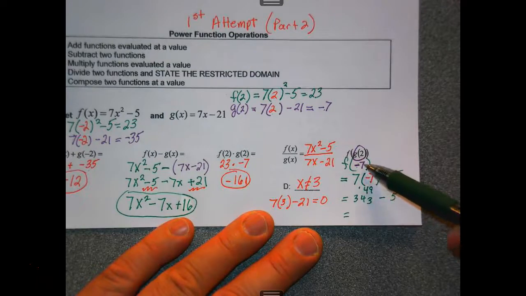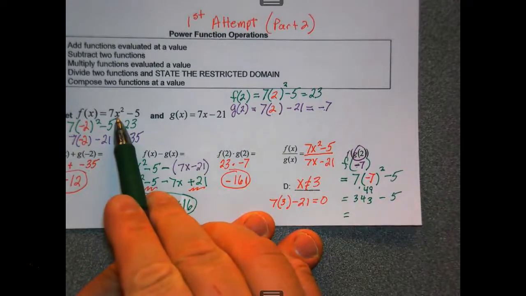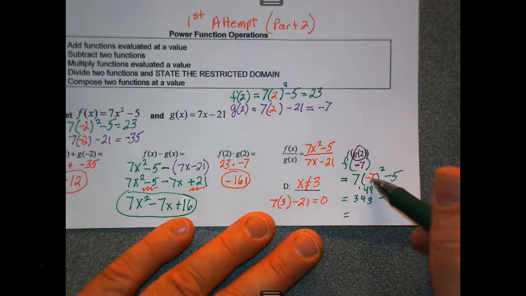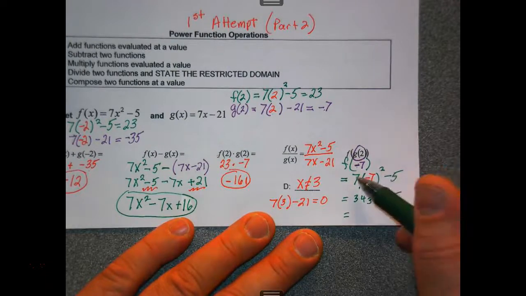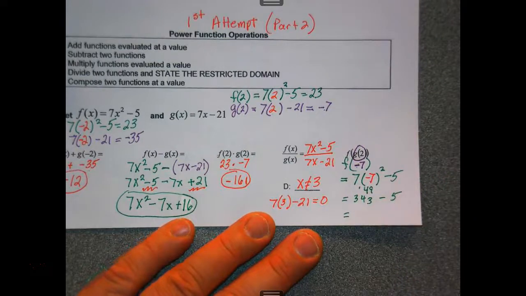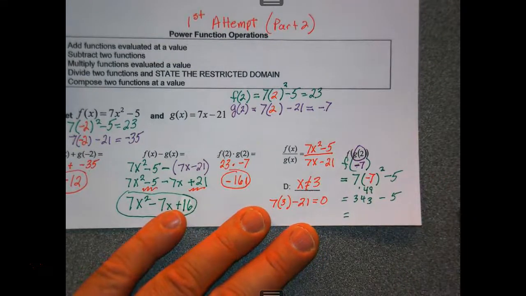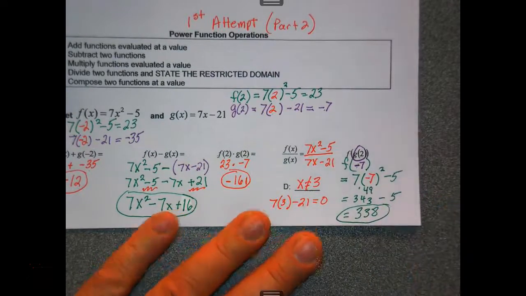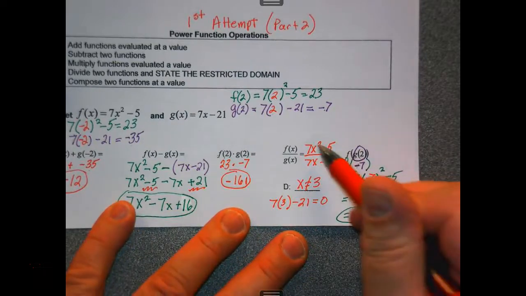Okay, so instead of x, I'm going to plug in negative 7 for x. Negative 7 squared is 49. 49 times 7 is 343. Minus 5 gives me 338. Yep.